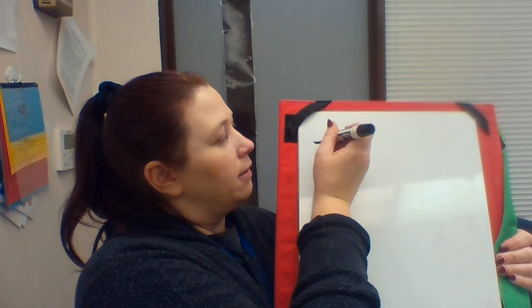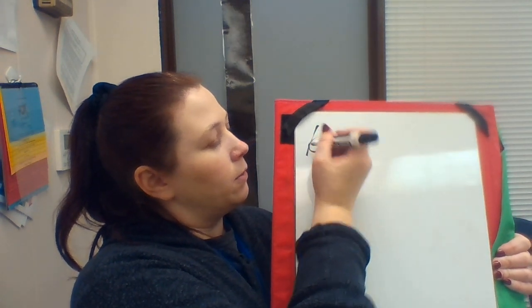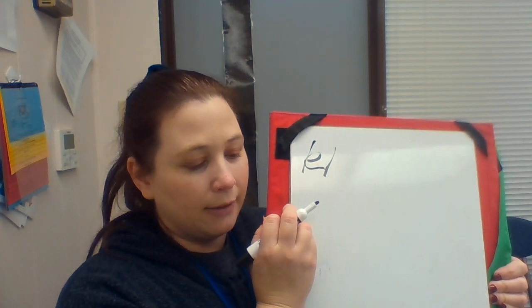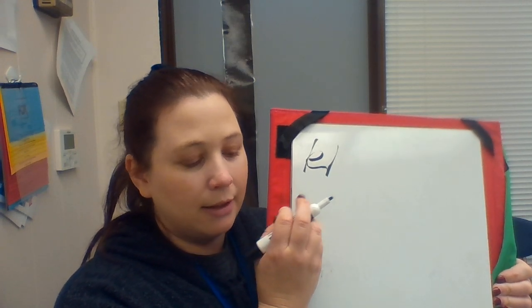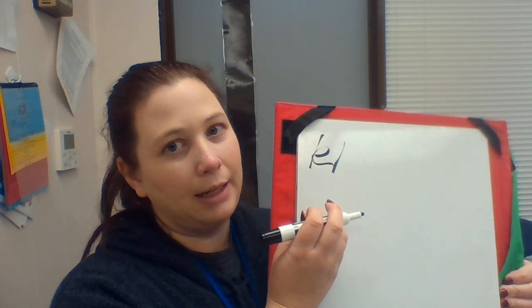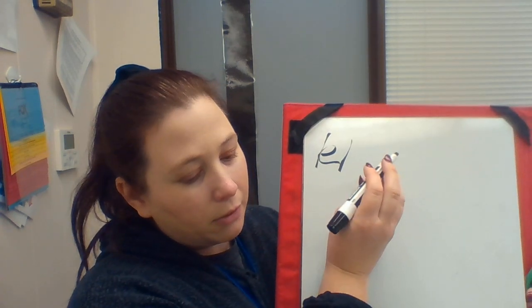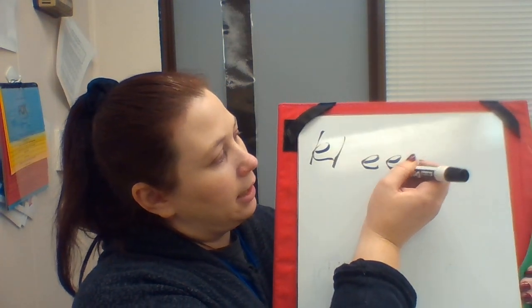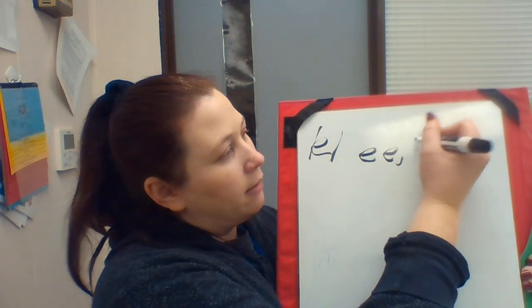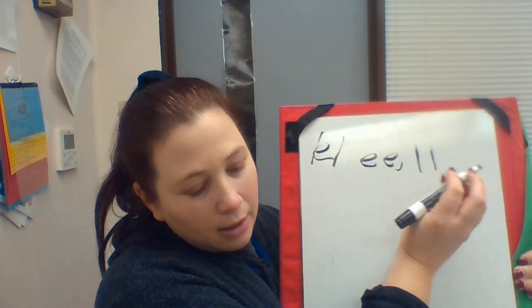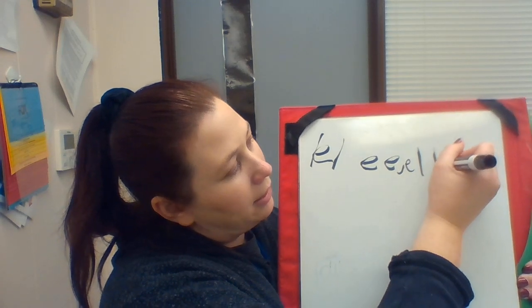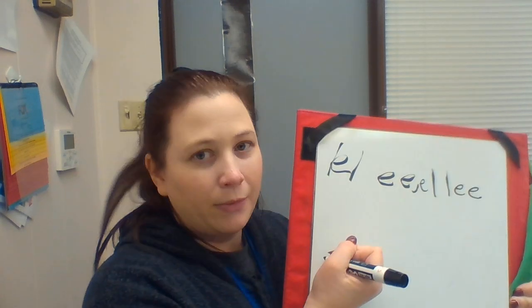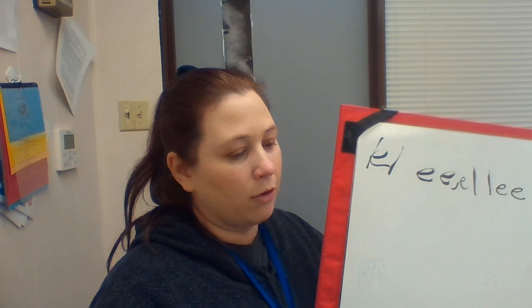So we have E. For E, there is E, comma, E, final sign, E. Good job. We're going to be writing this down on our worksheet.